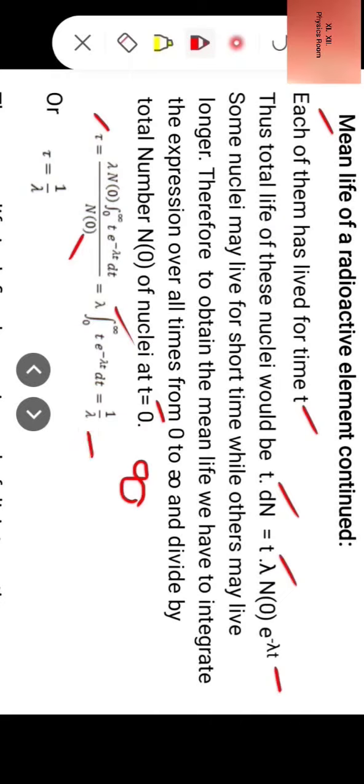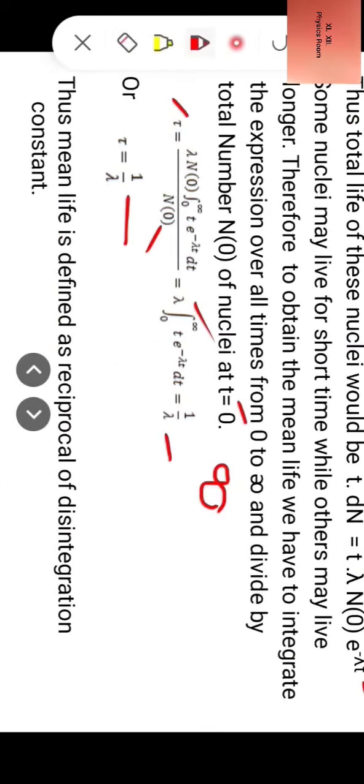After integration, we find that it is equal to 1/λ, or tau is equal to 1/λ. Thus, mean life is also defined as reciprocal of disintegration constant.